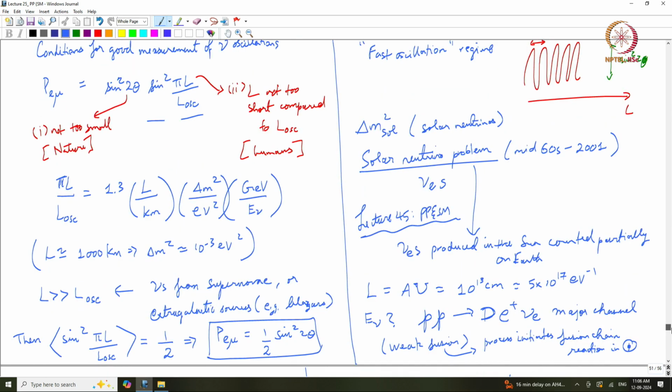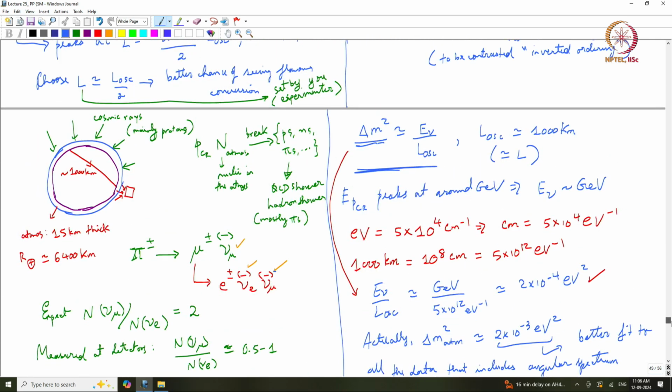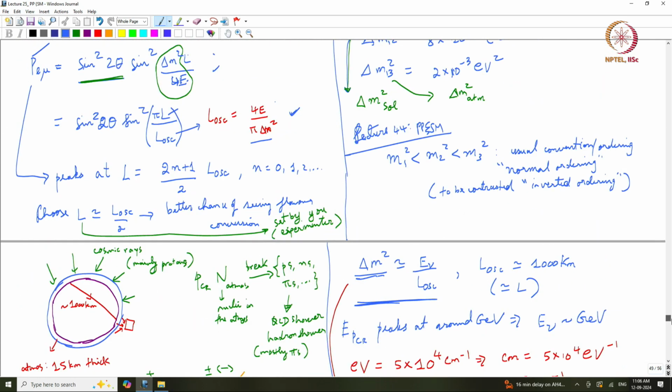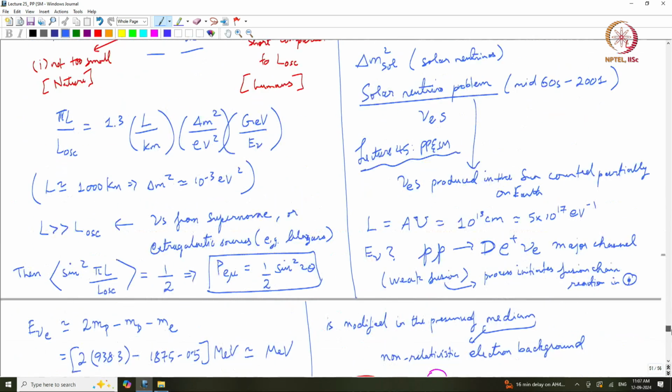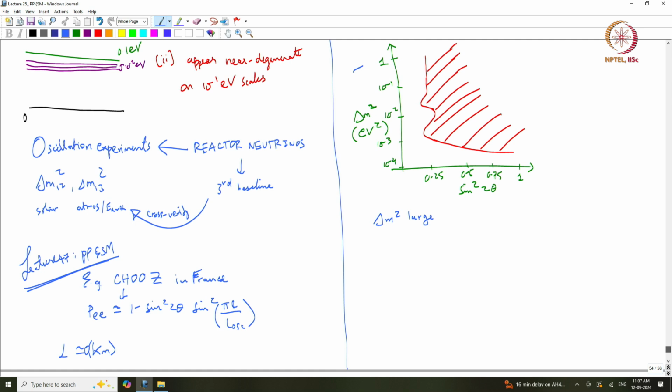See, the oscillation length is in terms of delta m squared and E, right. It is basically E over delta m squared, remember. So, okay, here it is, E over delta m squared. So if delta m squared is large, that means you are in a regime where the oscillation length is much smaller than the baseline here, which is around a kilometer.